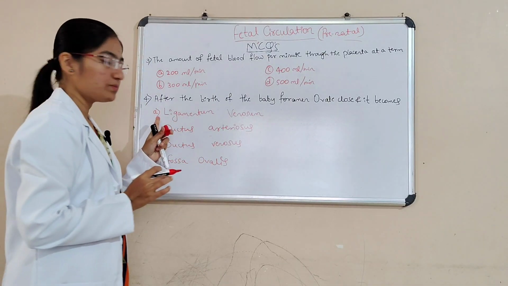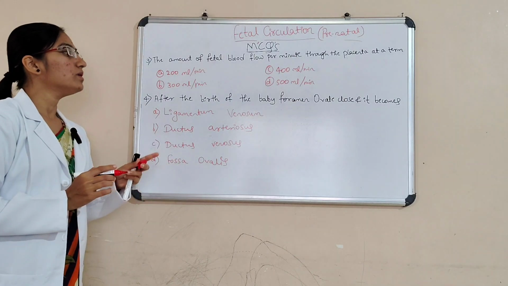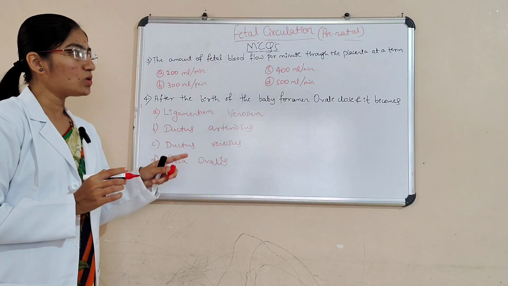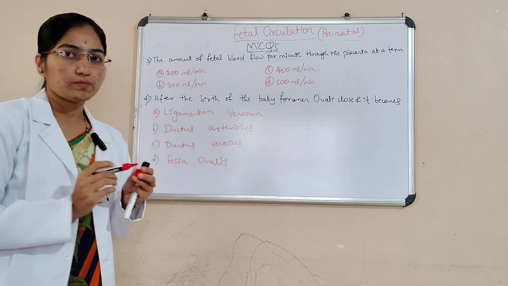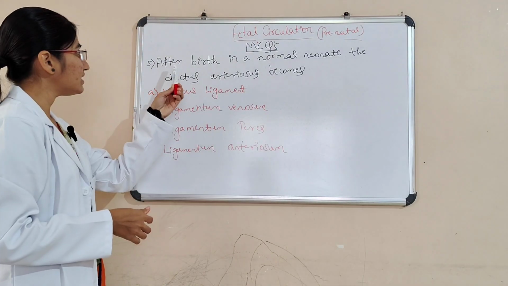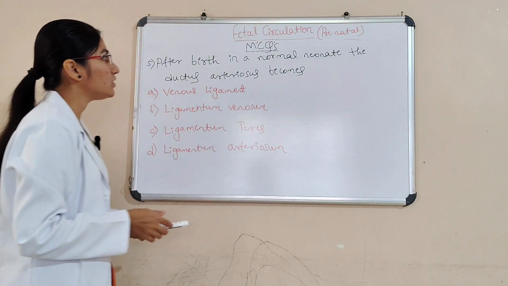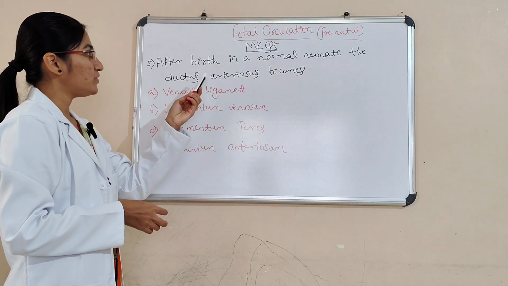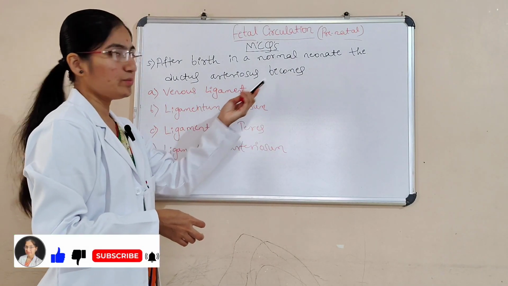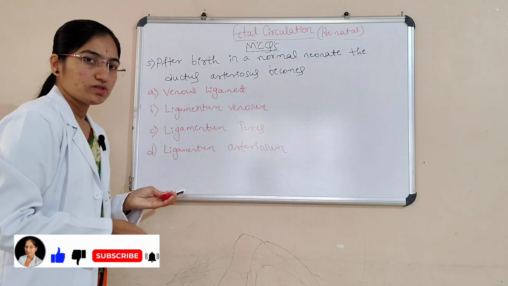And then the fourth question. After the birth of the baby, the foramen ovale closes and it becomes, these are the four options. This one is the fifth question. After birth in a normal neonate, the ductus arteriosus becomes, these are the four options.